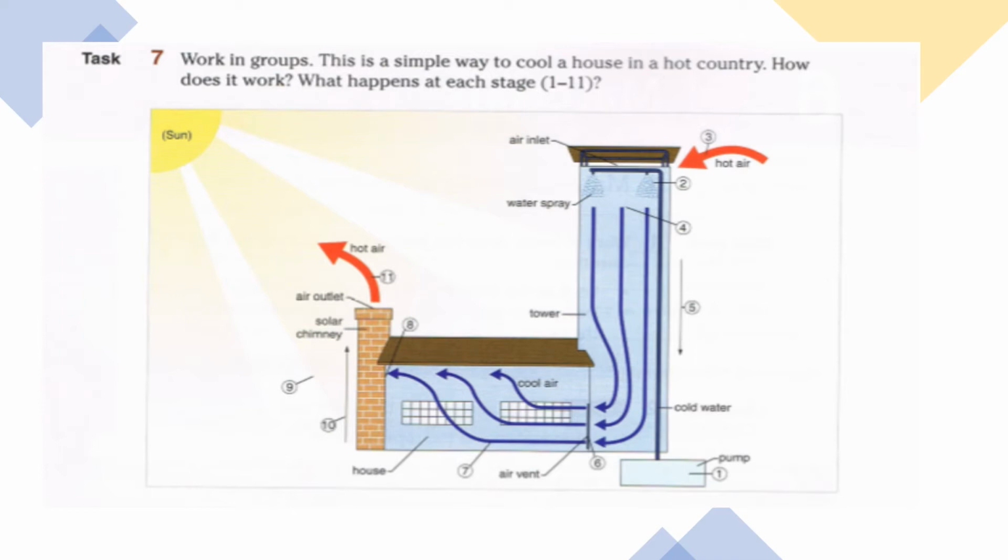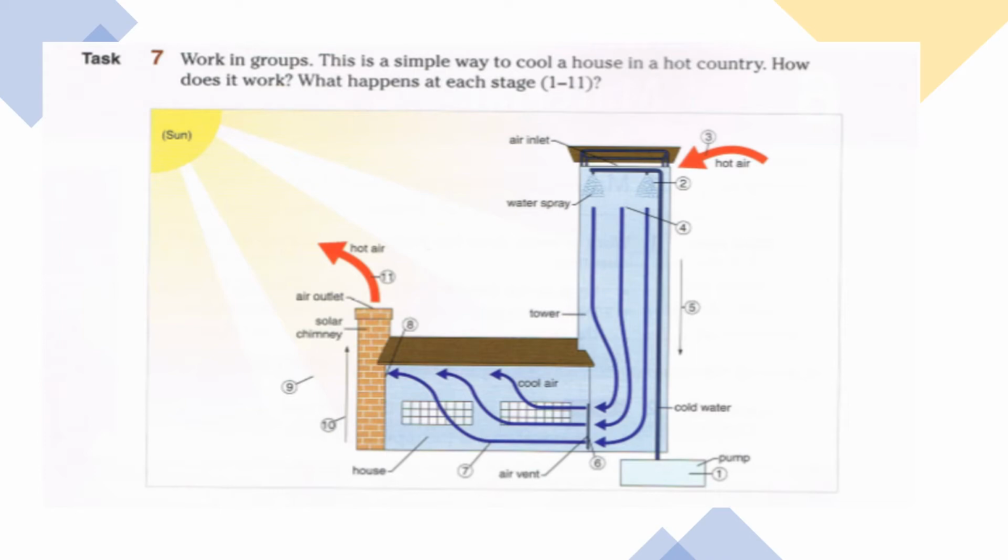On the left we see number 9. This is a solar chimney. Chimney means madkhana. And number 10, what happens? The air goes up and through the air outlet, and number 11 is hot air.